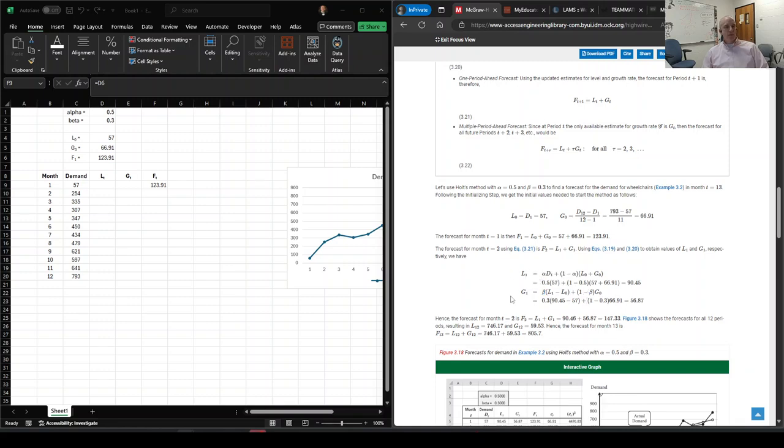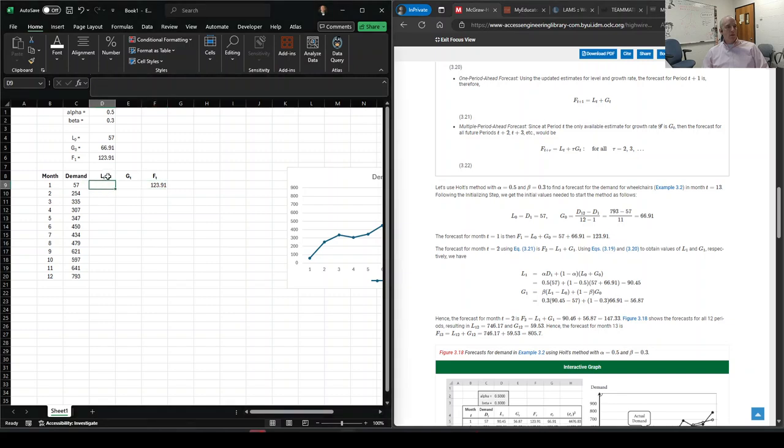But we have the same structure here for identifying the forecast for month 2, which is that base demand of the previous month plus the growth rate. So let's work through this calculation and put this into our table, and we can begin to see how this is going to work for all the months. Okay.